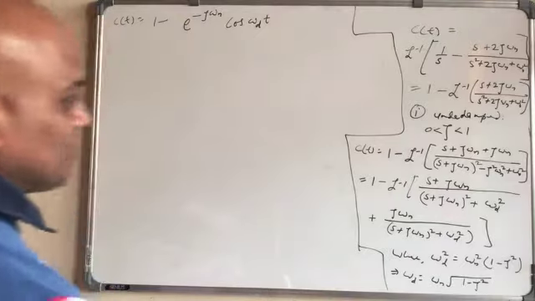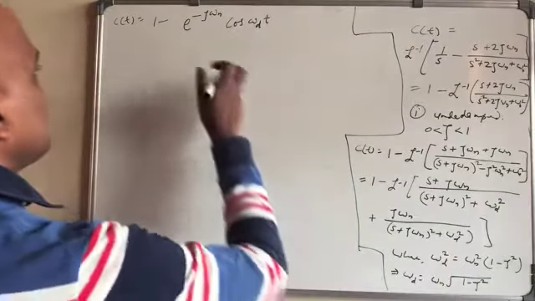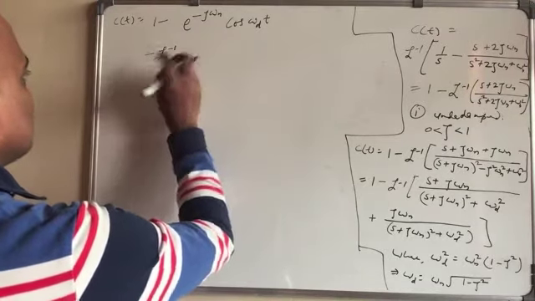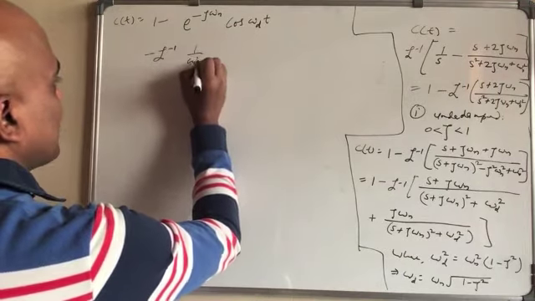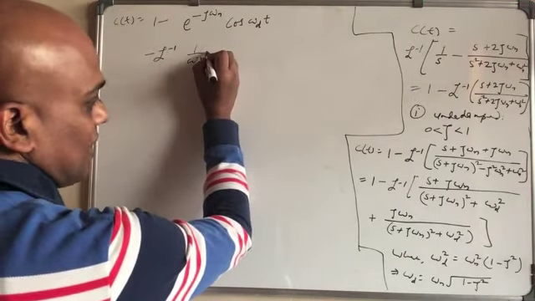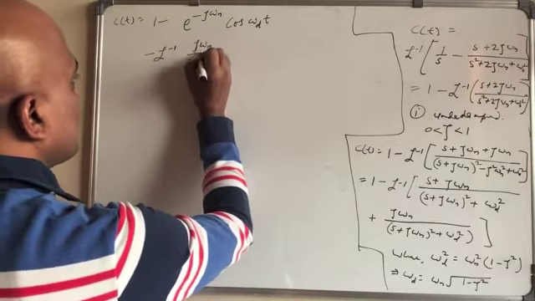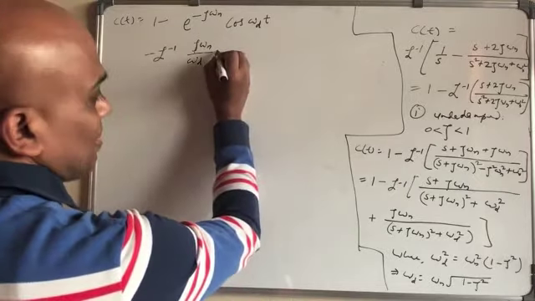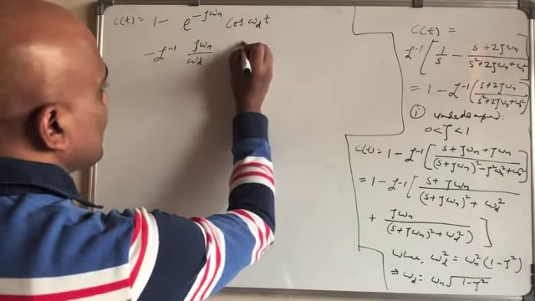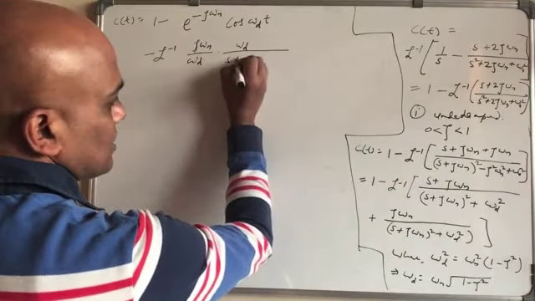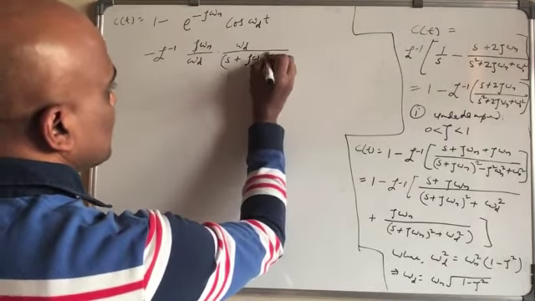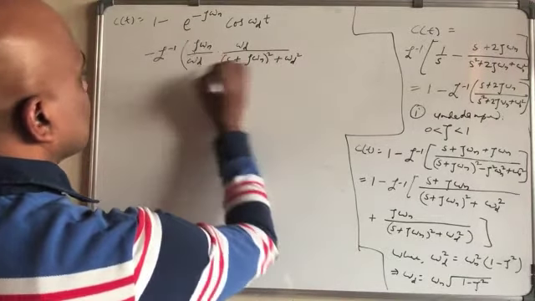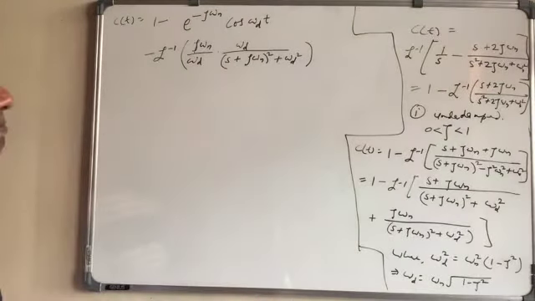So we have to have omega d here, so we can write minus L inverse, and then we write 1 over omega d multiplied by zeta omega n over omega d, and then you have omega d over (S plus zeta omega n) square plus omega d square. So Laplace transform of this.